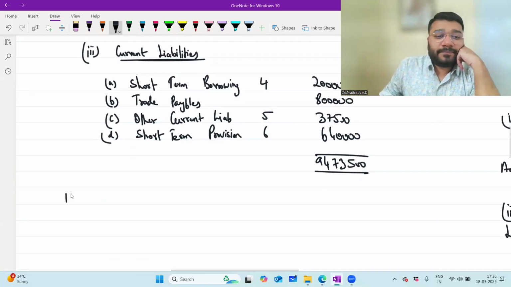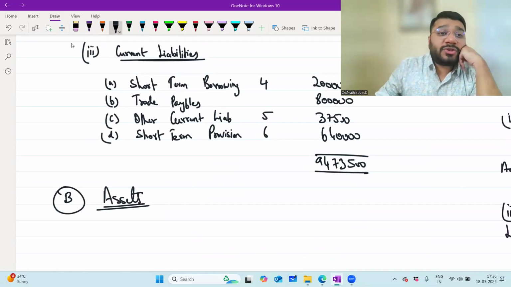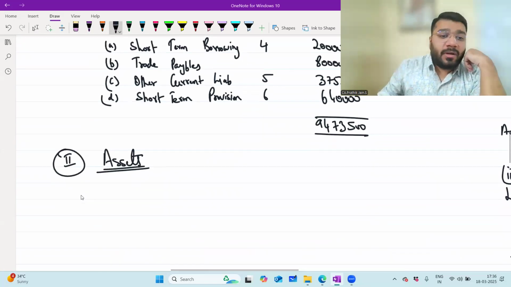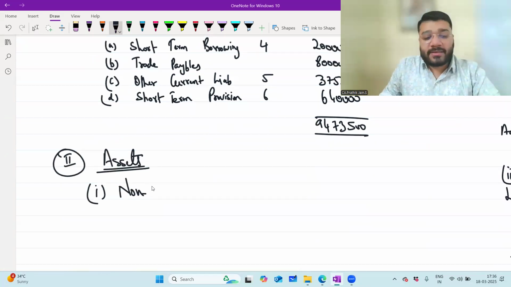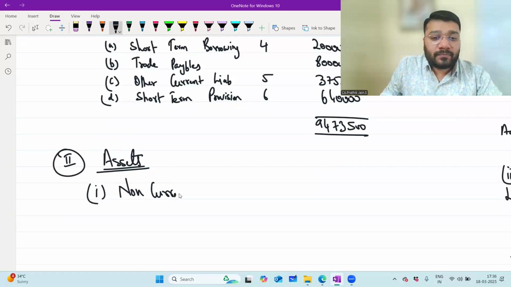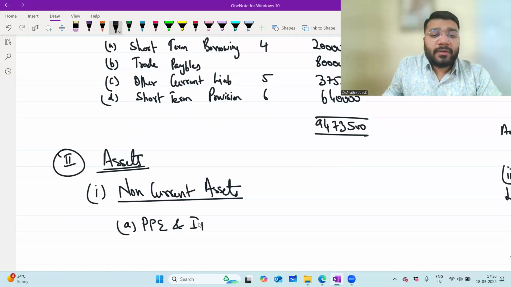Next, B. I said it's not B, it is Roman 2. Under that, the first one is non-current assets. Under that, property, plant, equipment, and intangible assets.